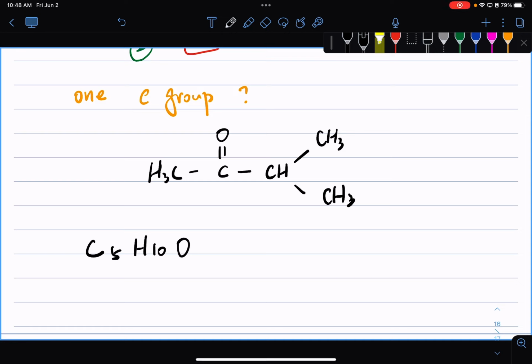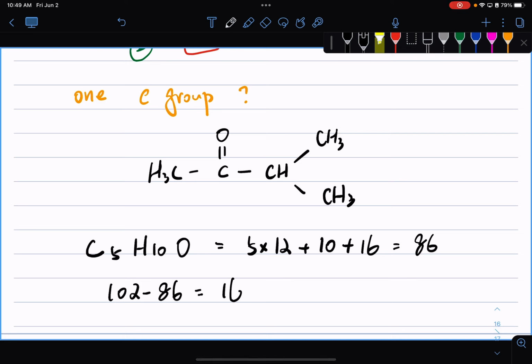If we do that calculation, 5 times 12 plus 10 plus 16, that's only 86. And what is the difference? 102 minus 86 gives you 16. So we're missing an oxygen.